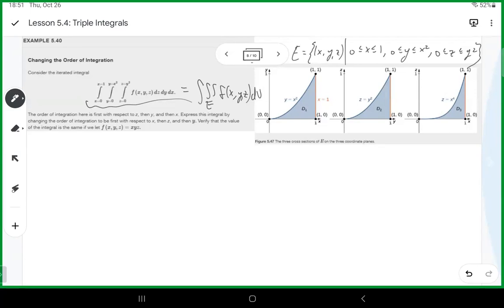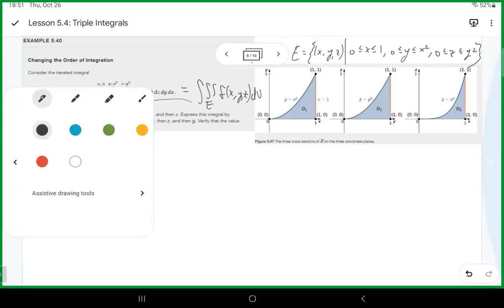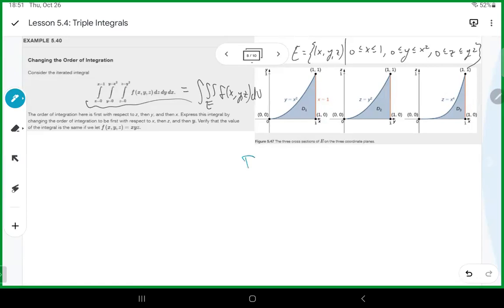Okay. So we need to express this triple integral. And then knowing the region from the figure, we can kind of change up what's going to happen, right? So on the XY plane, D1 would be, and we may need to get more slides for this one.